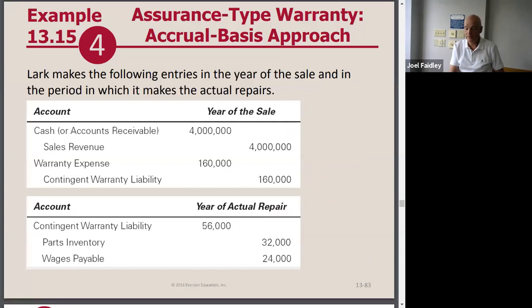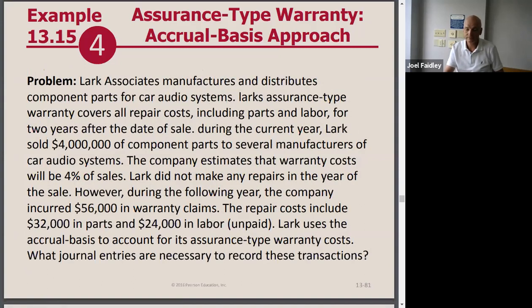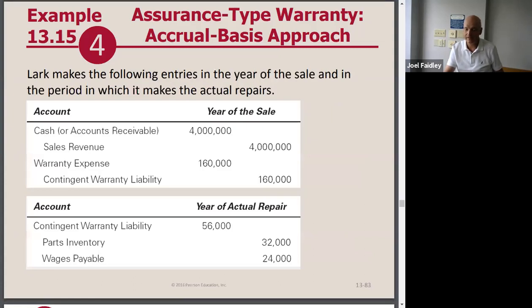How do you make a sales entry? And then the warranty expenses associated with those units, that more than likely is what $160,000 is going to come back over the following 2 years. 4%, 2 years after the date of sale. So it's $160,000 that they expect to actually be returned over the next 2 years.